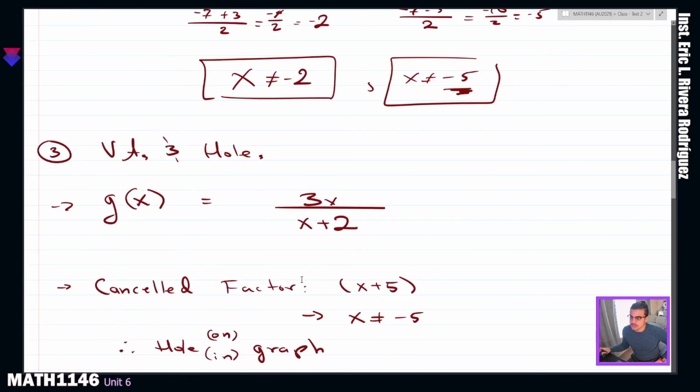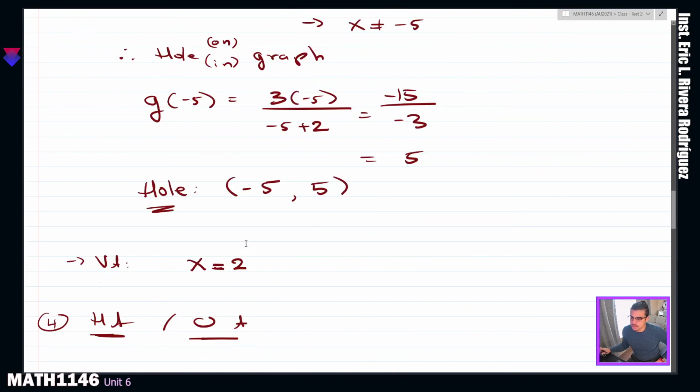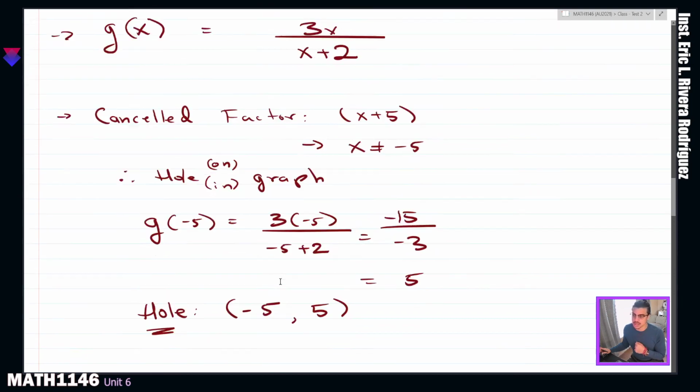Vertical asymptote. Oops, I made a mistake here because the vertical asymptote is -2. Sorry about this. I said that the vertical asymptote was at x equals 2. That's incorrect.